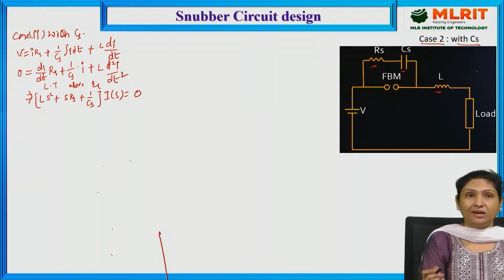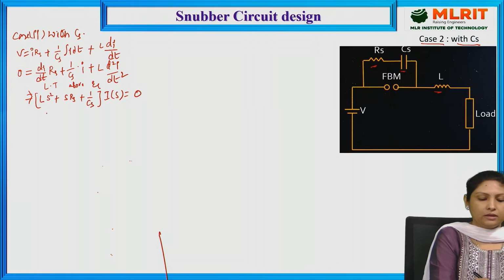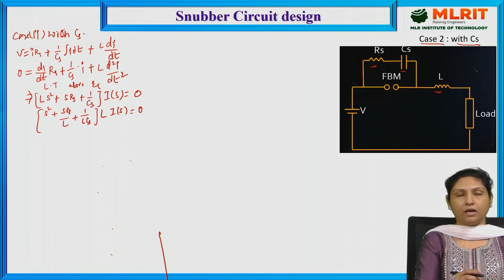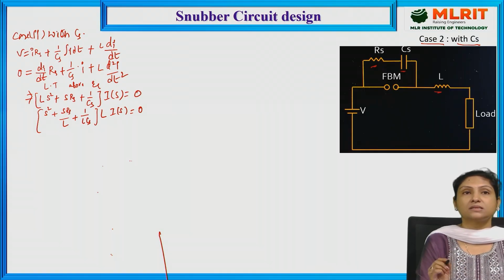And now let me take inductor common from this particular equation. I get S square plus S into Rs by L plus 1 by LCs, L into I of S is equal to 0. And now let me compare this equation with second order equation.